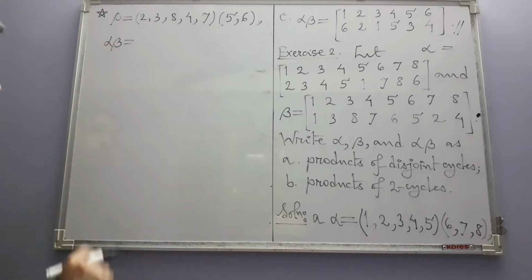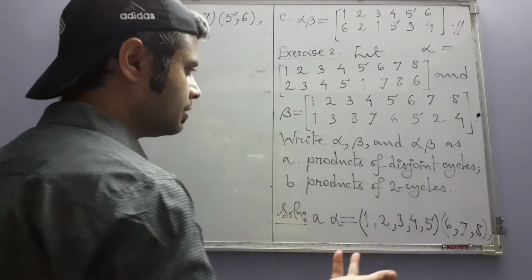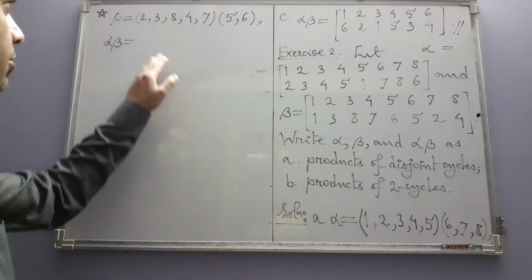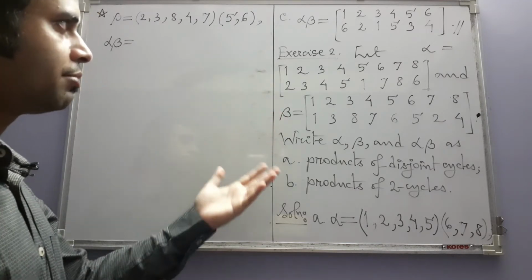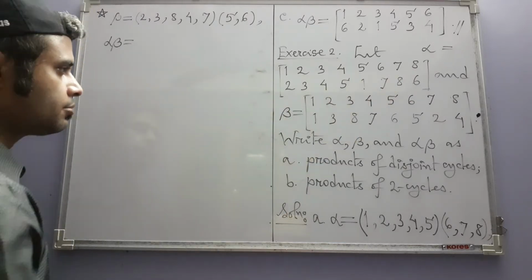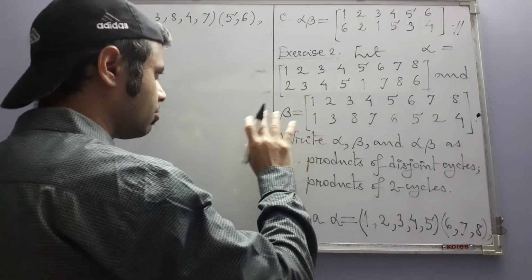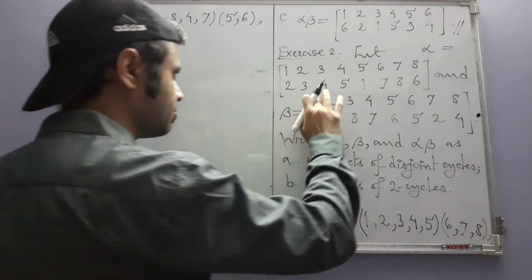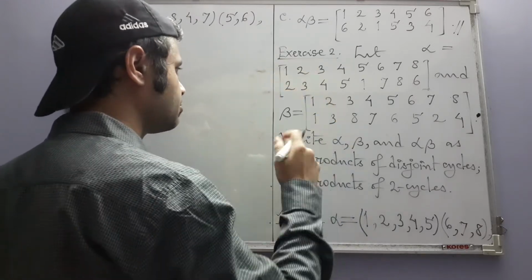You have to remember that thing. So all we need to know in order to write such a cycle decomposition is what alpha beta is doing to every number. That's all. So beta does not change 1, or I should say like this, this will be easier to understand. 1 to 1, 1 to 2, that means 1 to 2.